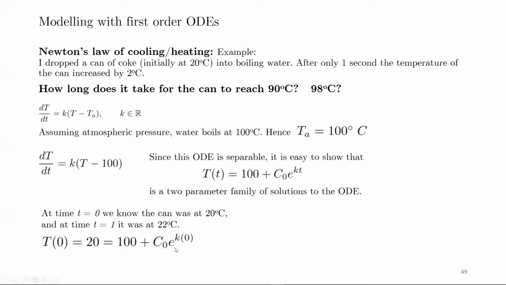Well, e to the 0 is just 1. So this equation becomes 20 equals 100 plus C0. And therefore we can solve for the value of C0 and find that C0 is equal to minus 80.